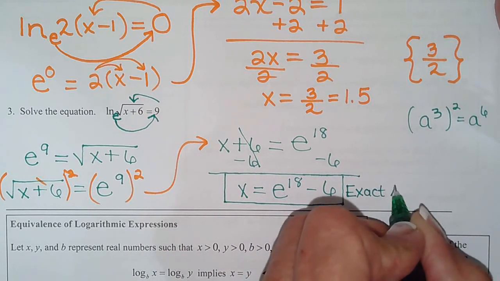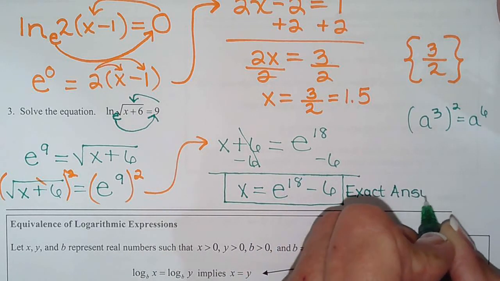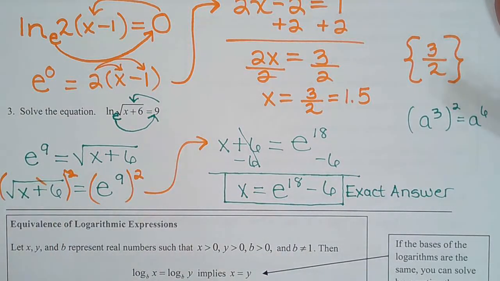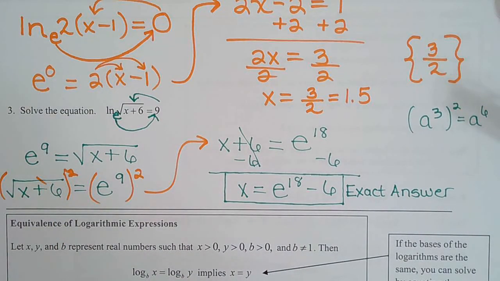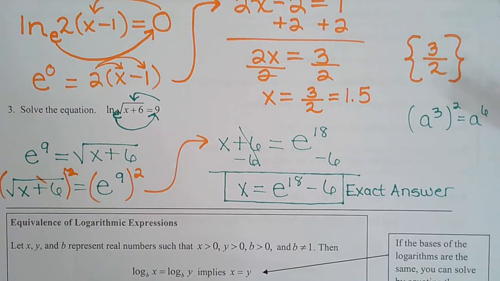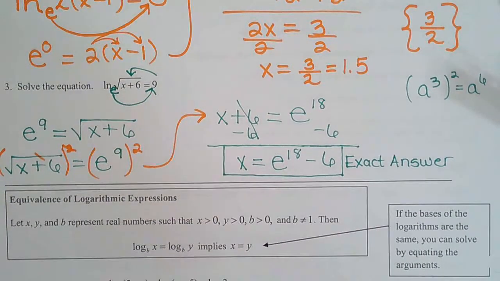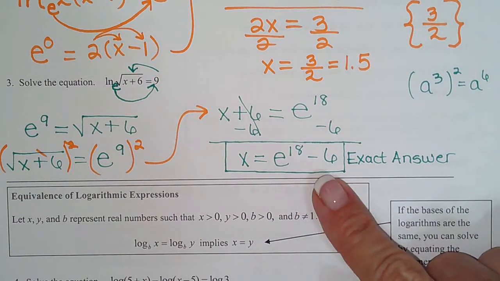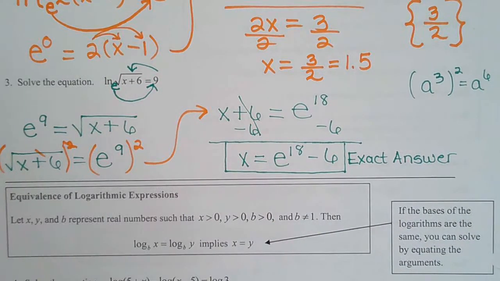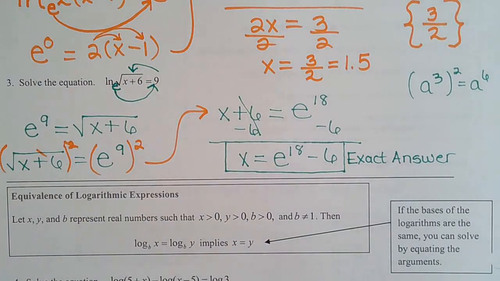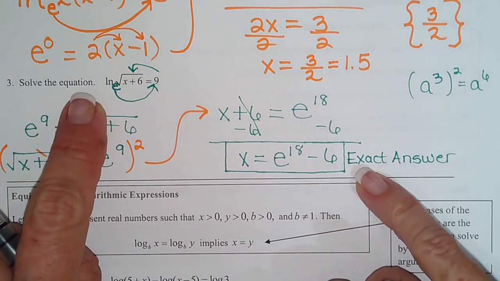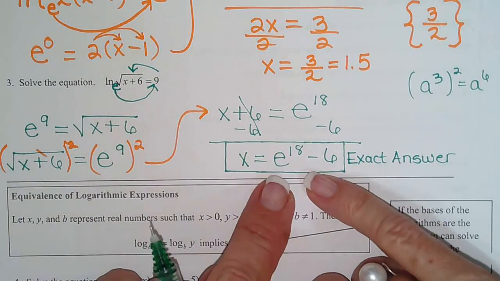If the directions don't say otherwise, as in this, all it says is solve, that means they want an exact answer. Once in a while, I'd say about 50% of the time, they want a rounded answer instead. So I want to show you how to do both. All these other ones were already exact answers, so we didn't have to worry about it. But if they don't have anything in the directions, you give an exact answer.